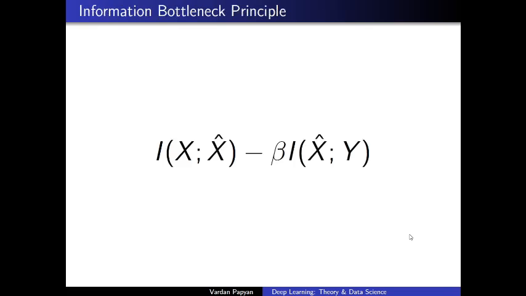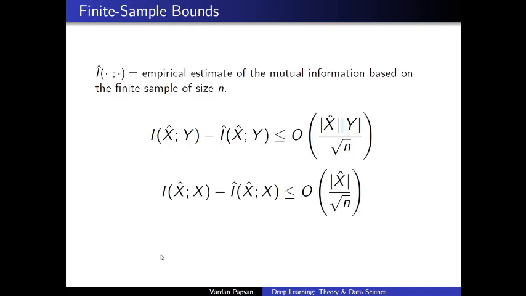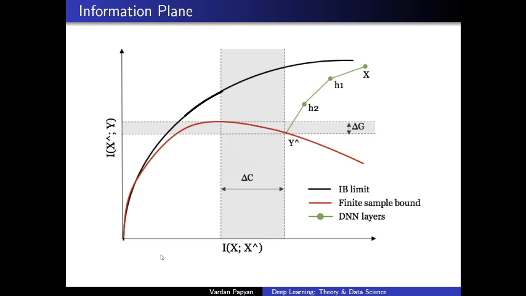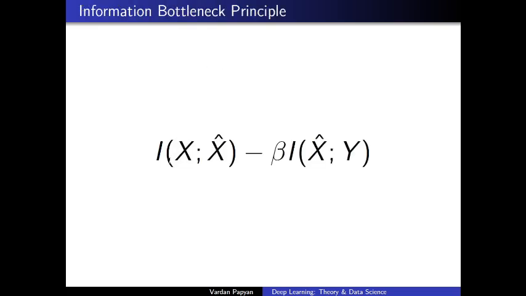Another principle in information theory is the information bottleneck principle. It says that the network wants to minimize this. If I'm not mistaken, I think it is minimization.